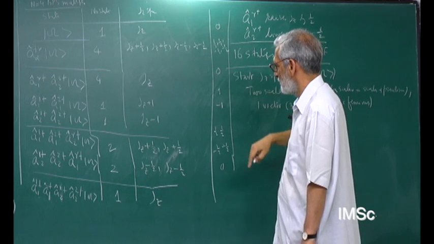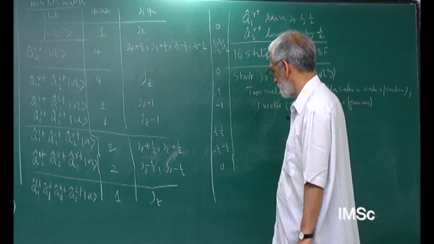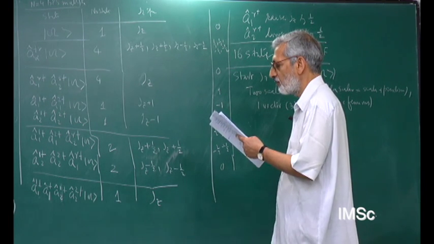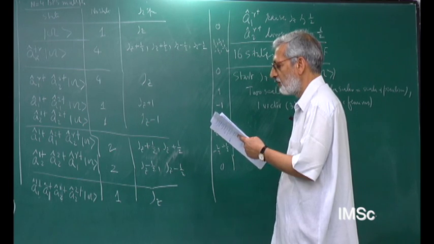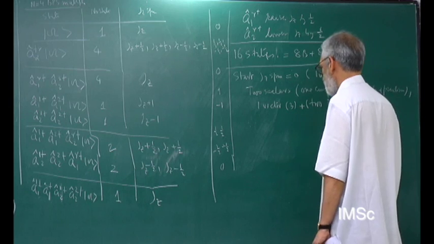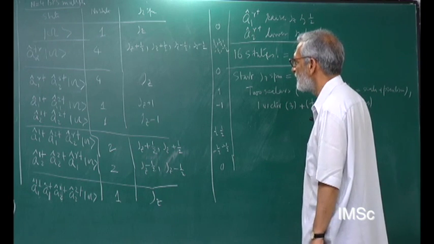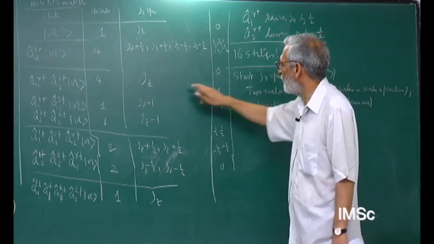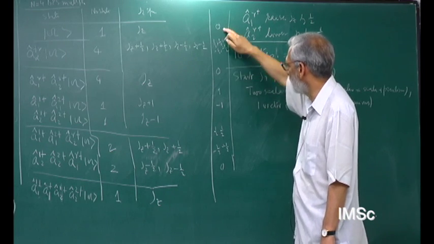There are 4 scalars. There should be 5. Oh, there are 4 here, right? I didn't count. 4 plus 5.